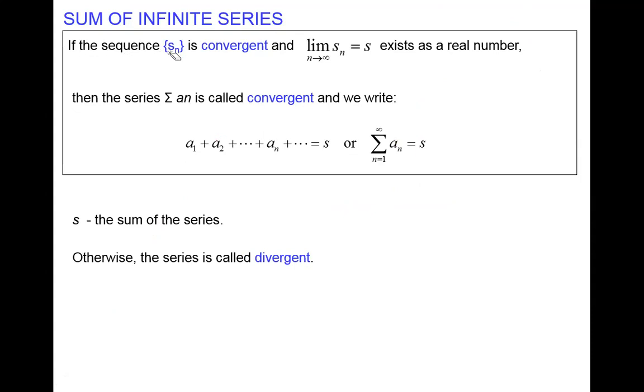If the sequence S sub n, we know that's the partial sums, is convergent to S, and the limit exists as a real number, that's actually the same thing, because how can we check that it's convergent? The limit must exist, the behavior at infinity. If S sub n is convergent to S, then the series a sub n is called convergent.